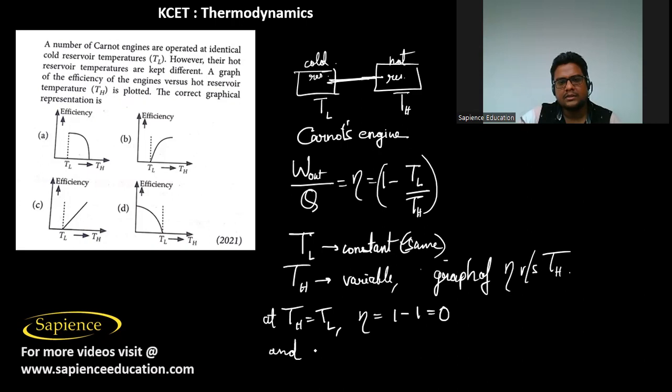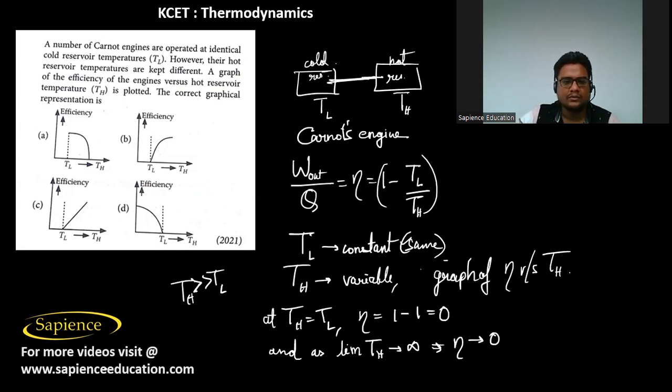And as the limit TH tends to infinity, if TH is much higher than TL, then eta will tend to 1 minus 0, that is 1.